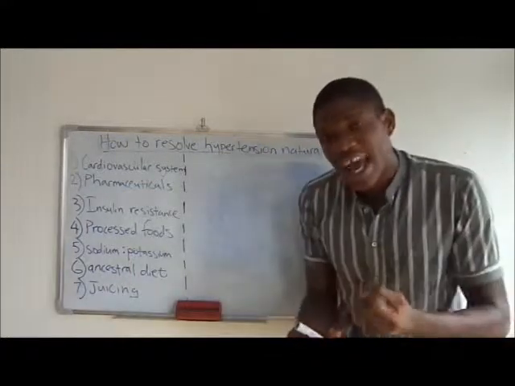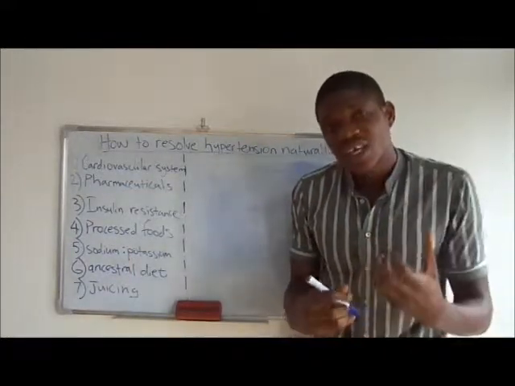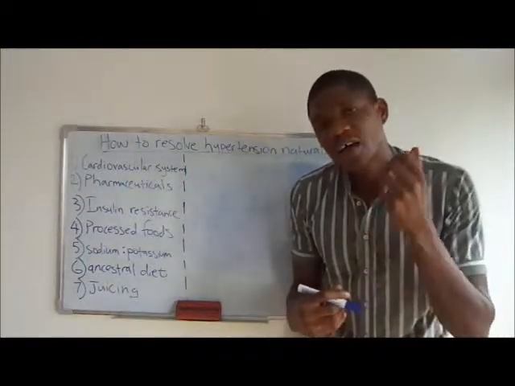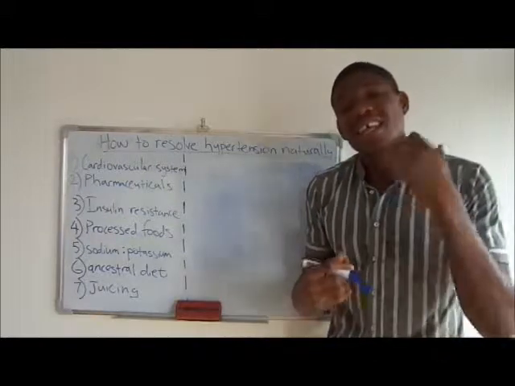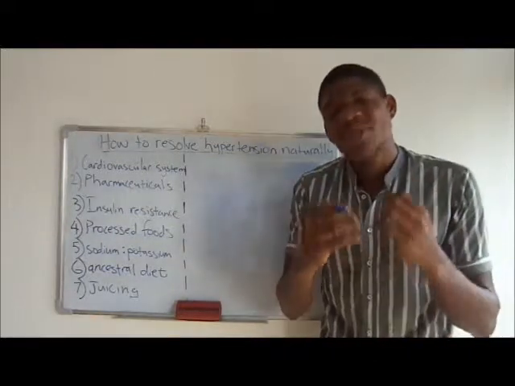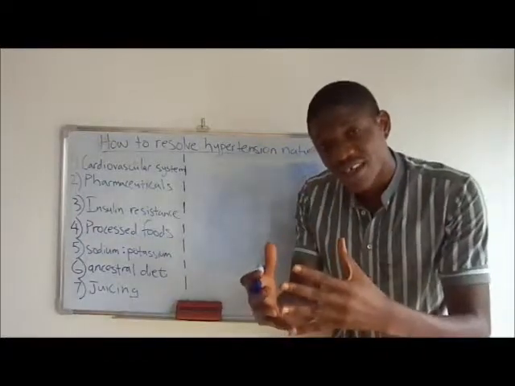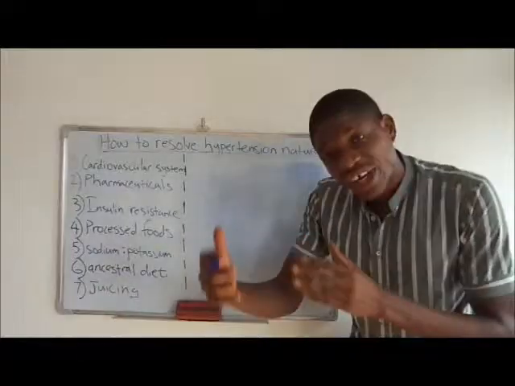Now, with that being said, another useful practice is to juice certain highly medicinal vegetables that in the literature have been shown to be very useful in the resolution of insulin resistance, and thereby lowering blood pressure.